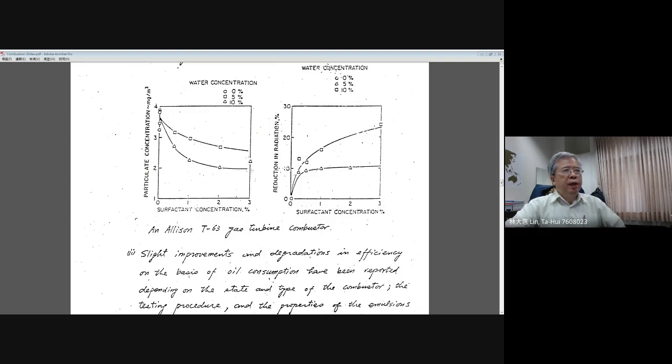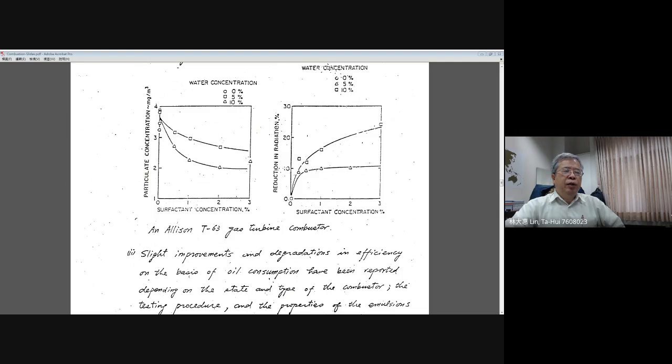And definitely they tell you that if you have more water coming in, the micro explosion may be intensified by the water additions, and this tells you the influence coming from the micro explosion. Those reductions in particulate concentration are attributed to the addition of water, and the same behavior can be viewed from the result in the right figure.